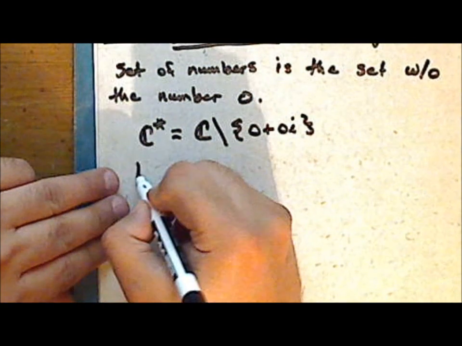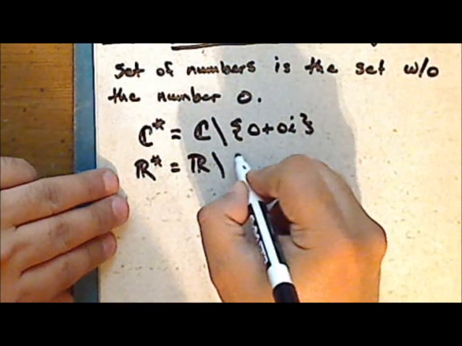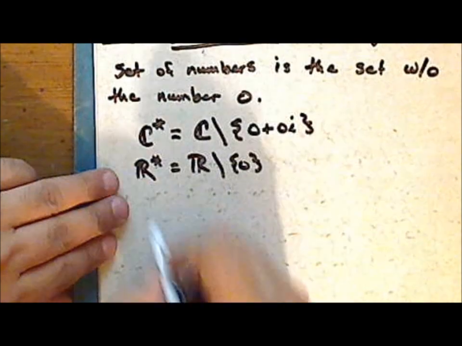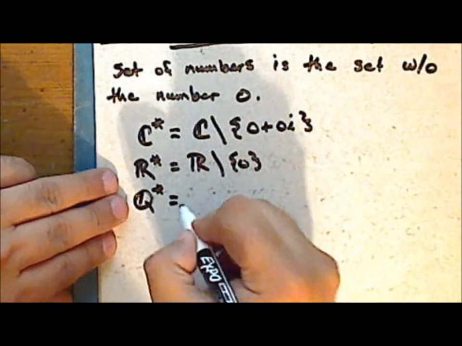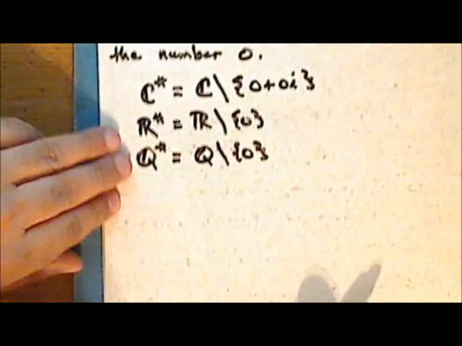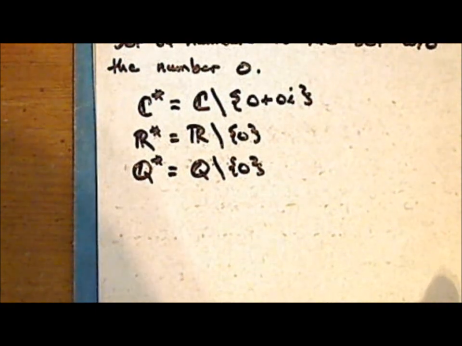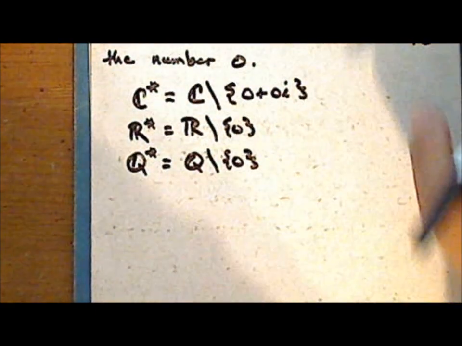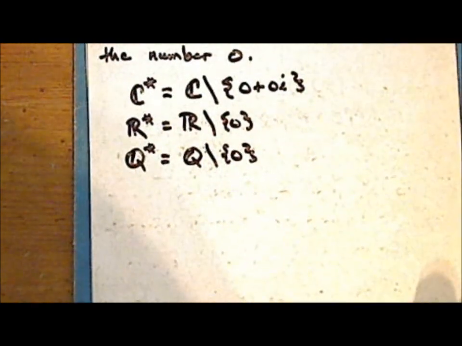The deleted set of reals is the entire set of real numbers without the number 0. The deleted set of rational numbers is the entire set of rational numbers without the number 0. And so on. The importance of a deleted set is to form algebraic structures that are multiplicative in nature.